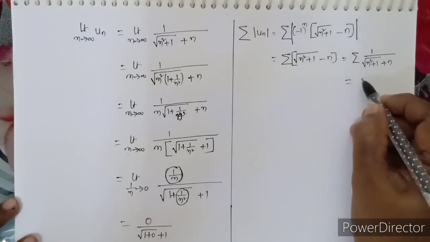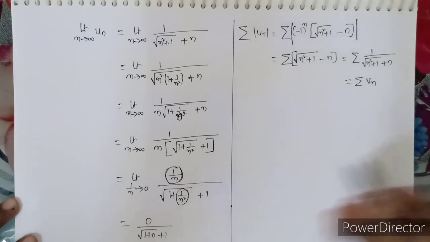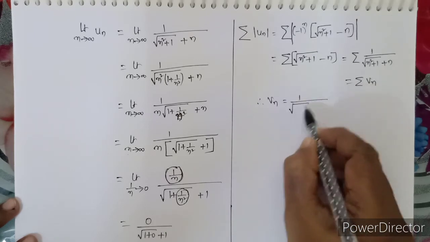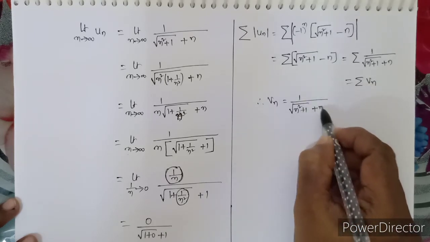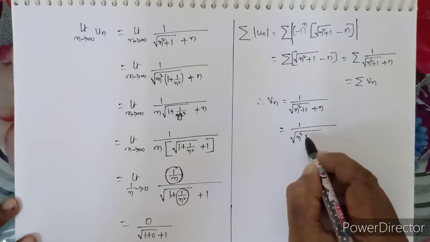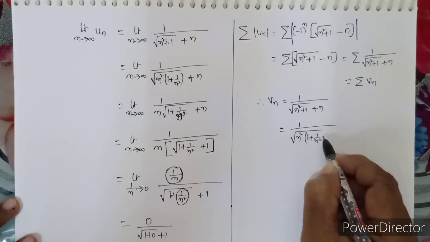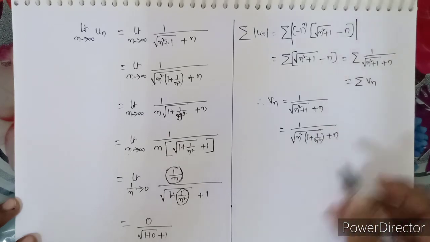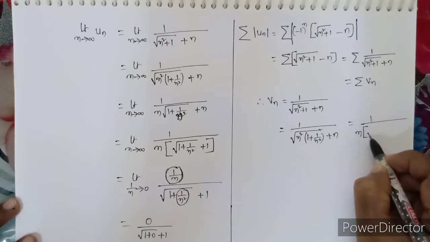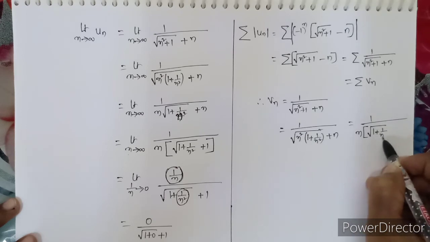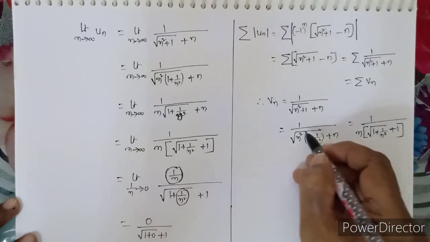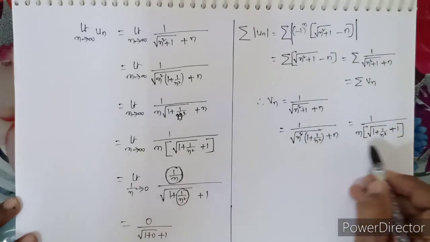Now we consider this series as sigma V_n, therefore V_n is equal to 1 by root of n square plus 1 plus n. We take n square common: 1 by root of n square into (1 plus 1 by n square) plus n, which is 1 by n into (root of 1 plus 1 by n square plus 1). I have already cancelled square and root and taken n as common.